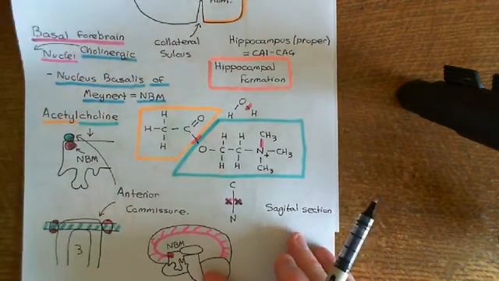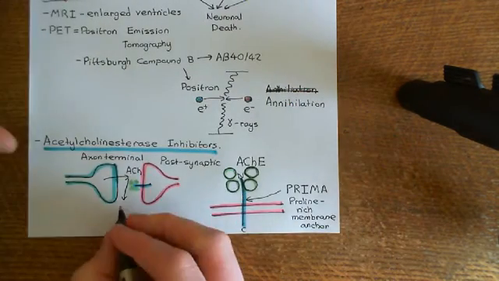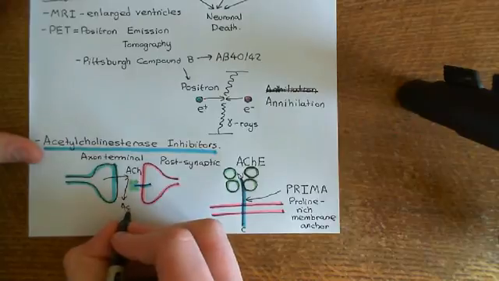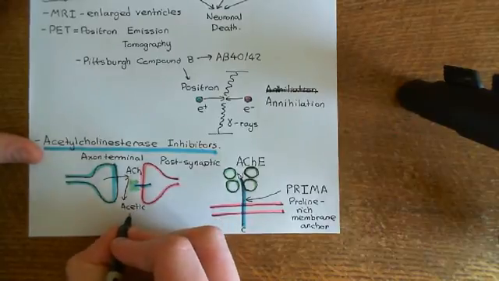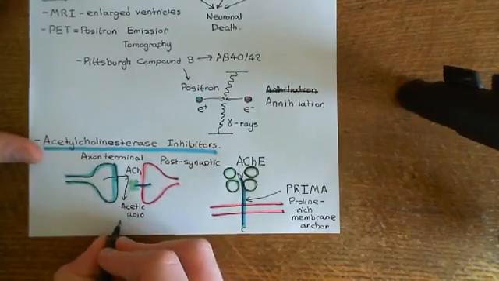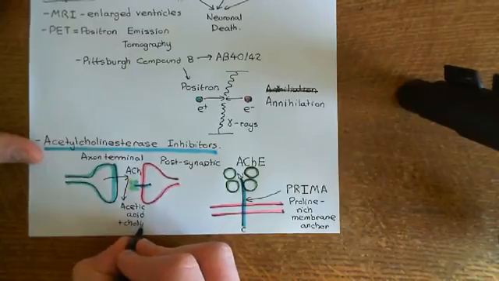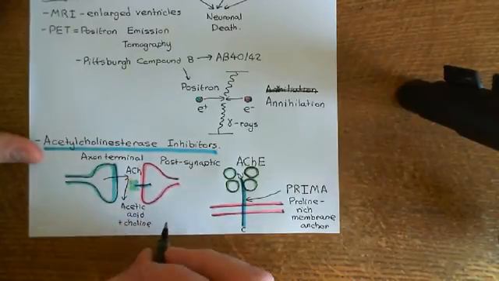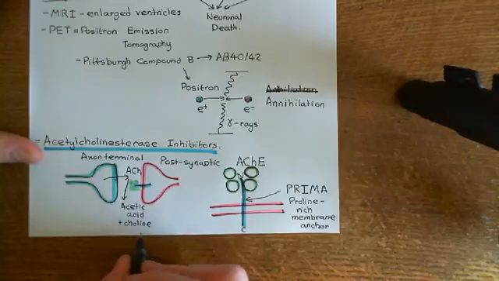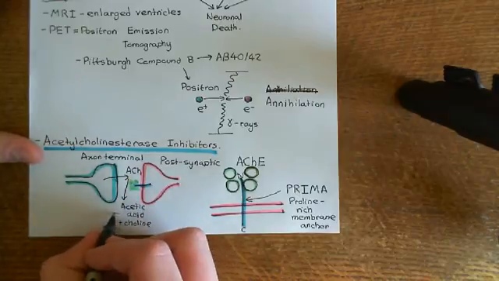So the two products of this cleavage are going to be acetic acid plus choline.